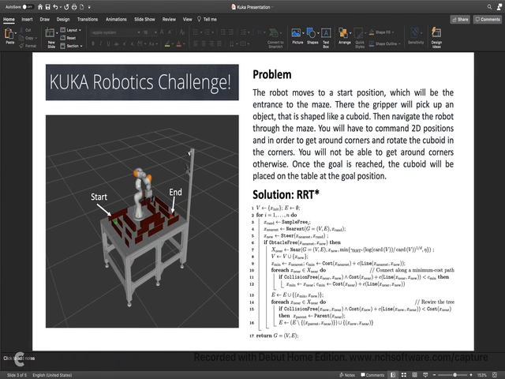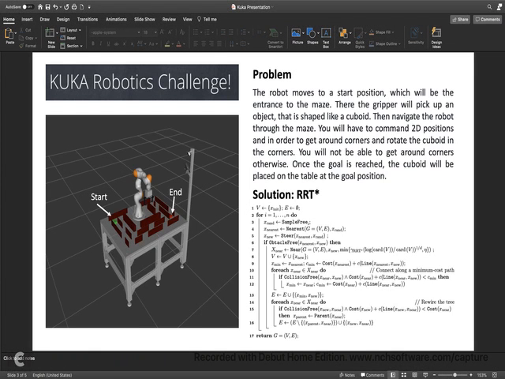The experiment is set up as follows. First, the robot will move to a start position, which will be the entrance to the maze. Then the gripper will pick up the object that is shaped like a cuboid, as you can see, a green brick. Then the user takes over and navigates the robot through the maze. The user will have to command the 2D position and the rotation angle in order to get around the corners and rotate it over the obstacles.